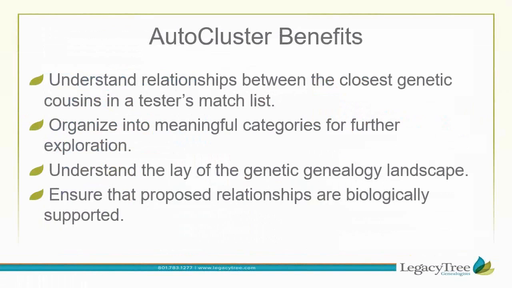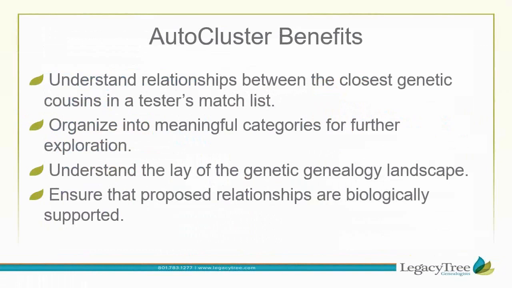So some of the benefits of the AutoCluster tool at MyHeritage are that you can understand relationships between your closest genetic cousins, whether your genetic cousins or the genetic cousins of a tester. You can begin to understand the relationships between those individuals. You can see groups of people that are often sharing a set of ancestors or several sets of ancestors.